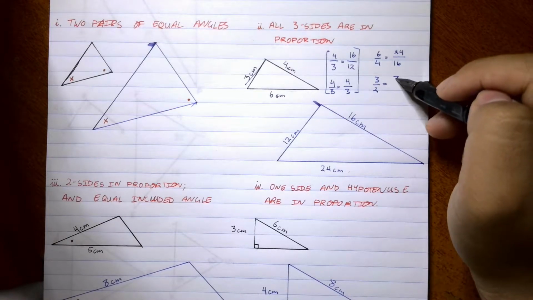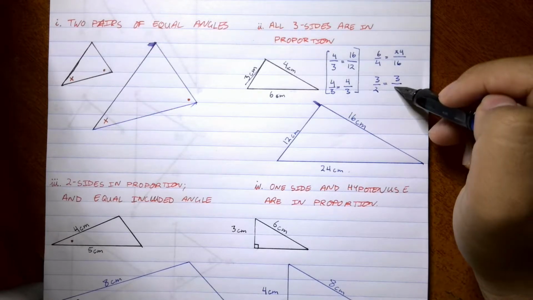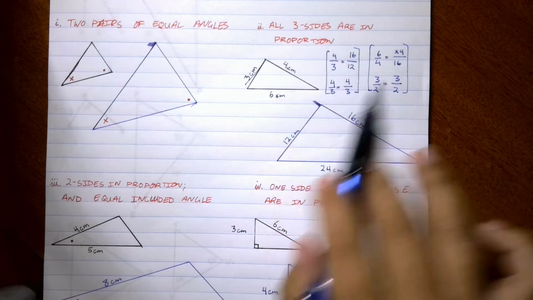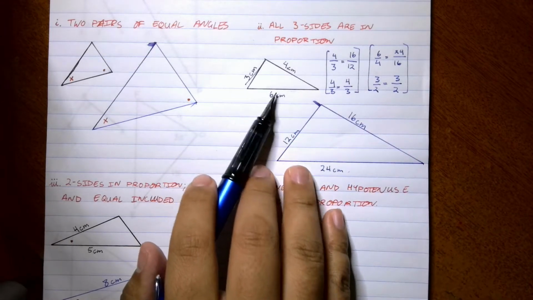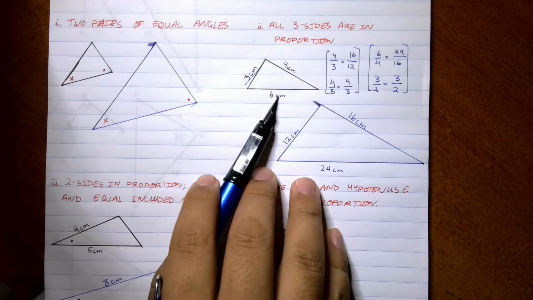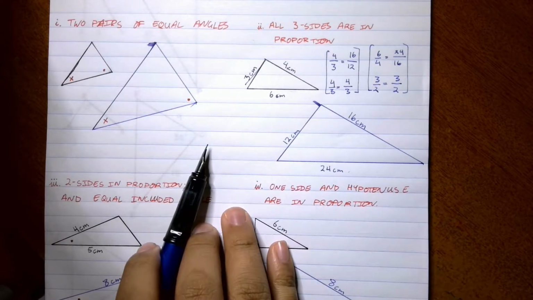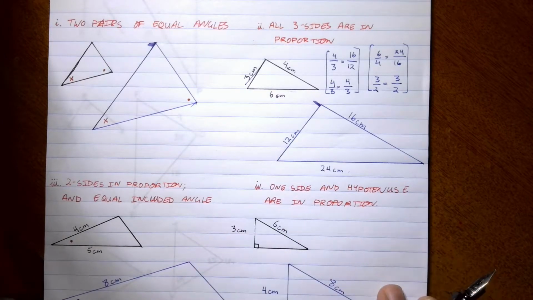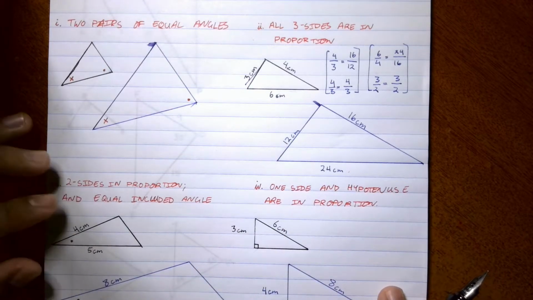Dividing it by 8, we will get 3 over 2 as well. As you can see, if you try it yourself with any pairs of corresponding sides, so 6 over 3 is equal to 24 over 12, you should get the same proportion. Moving right along.